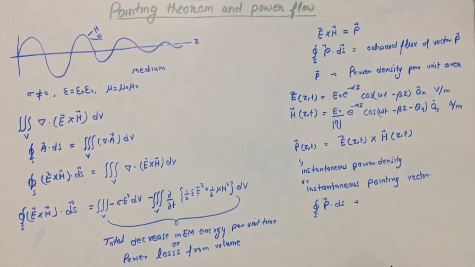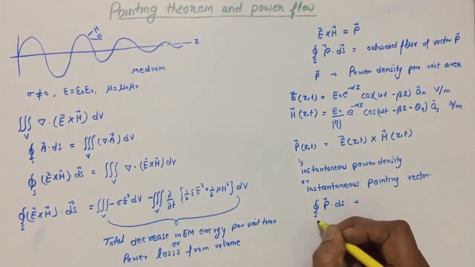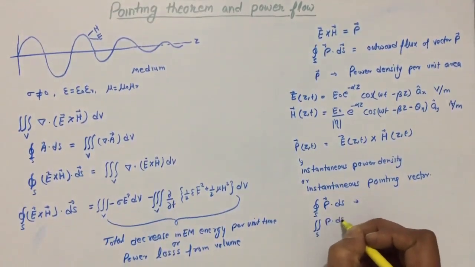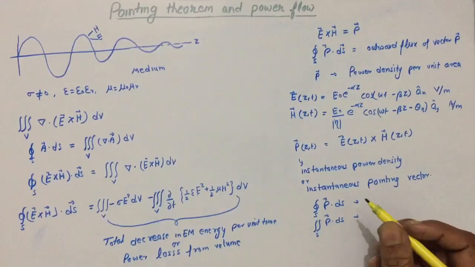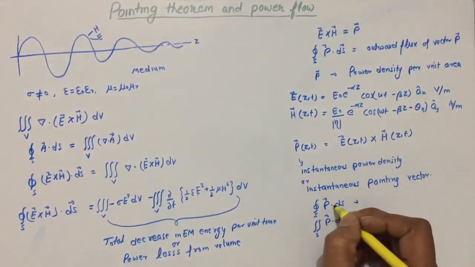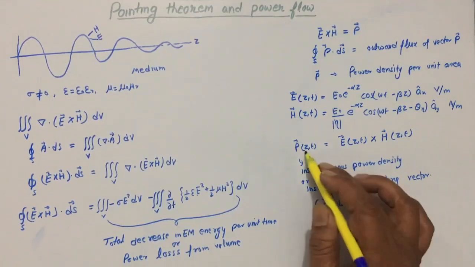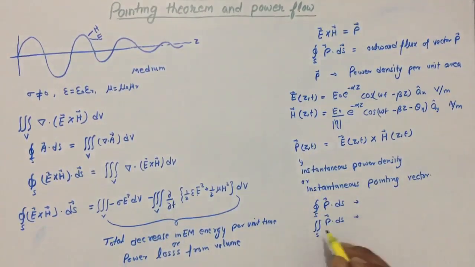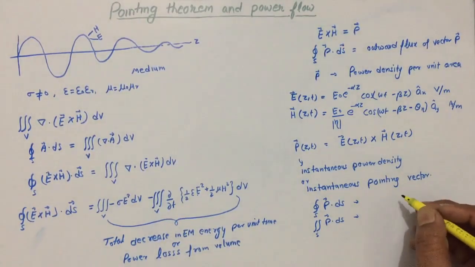And if it is written like that, P dot ds, then it is the instantaneous power. Instantaneous z t is understood, I am not writing it. Then we can say this is the instantaneous power through an open surface, that is not the closed. So closed surface and open surface.